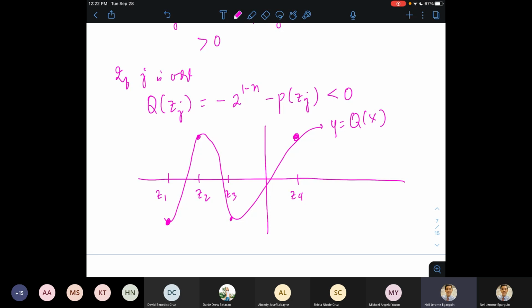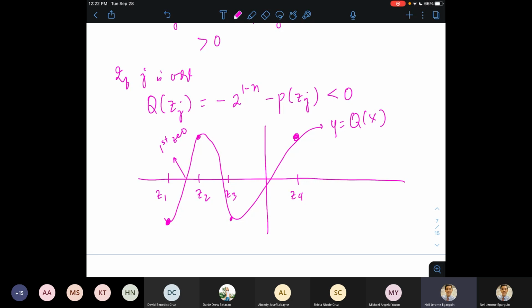So ibig sabihin, kung meron kang dalawang magkasunod na C sub j's, negative to positive, by the intermediate value theorem, kailangan yung graph ni Q mag-intersect sa x-axis, right? Kasi continuous nga siya, so kailangan dadaan siya sa x-axis. So meron siyang 0 dito. So ito yung unang 0 niya, or unang root.